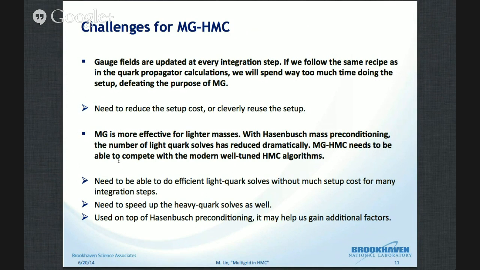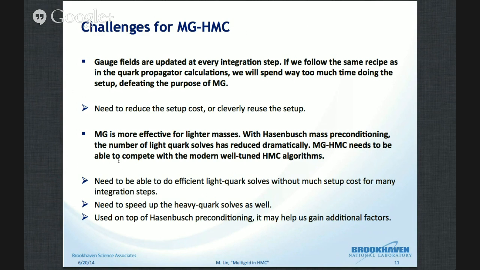So it defeats the purpose of multigrid if you want to redo a setup every time the gauge field is changed. And the solution is to either reduce the setup cost dramatically or find a way to reuse the setup from the old gauge configuration.